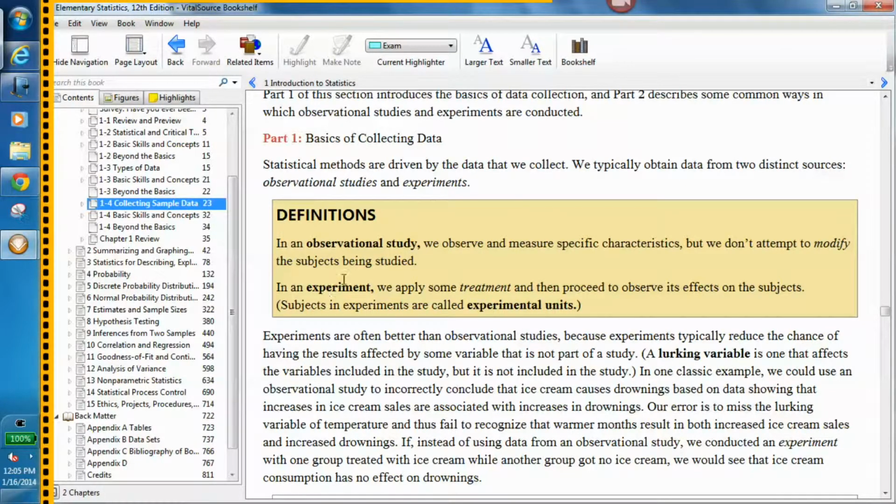Now in an experiment, we apply some treatment and then proceed to observe its effects on the subjects. So observational study, we're not going to do anything, just watch. In an experiment, we'd apply some treatment and then watch.